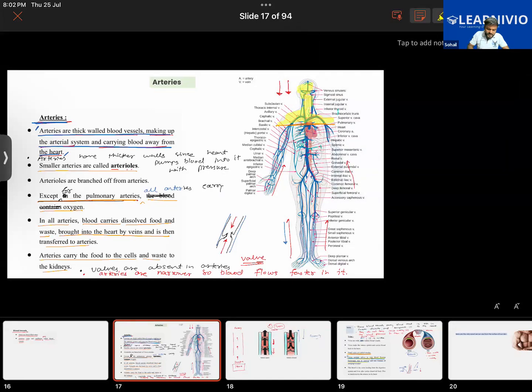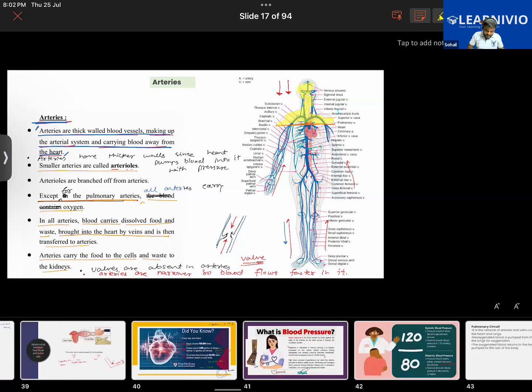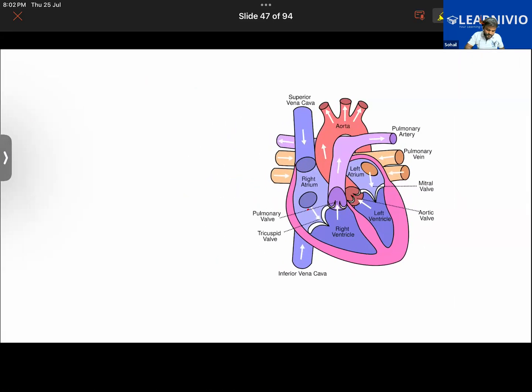So from this much part of the body, the deoxygenated blood will go into the human heart via the superior vena cava. That is this one. So far it is clear. So it brings deoxygenated blood from the upper half of the body.